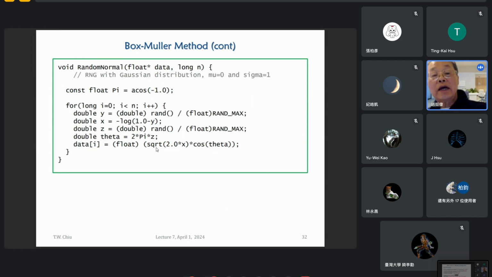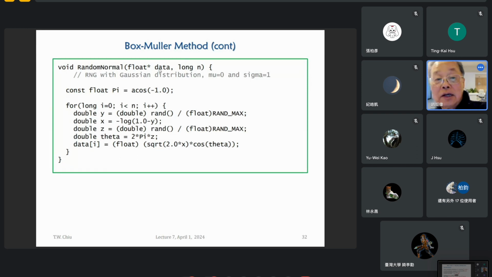And then I cast it to float. The reason I have to use double here is that the algebra here, the log and all this, requires higher precision in order to be more accurate. You can use double all the way, and then after you get the double random number, you can cast it to float, so no problem with it.